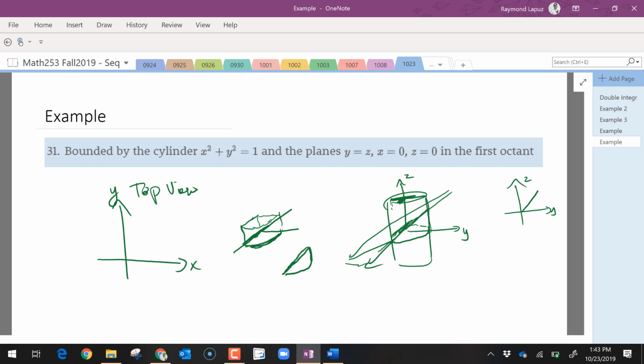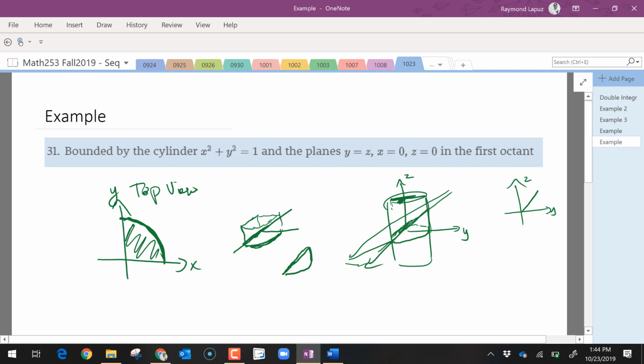So let's start with the region. Shaheen said it's almost a circle, except it's in the first octant, so things got cut out. If you look at this from the top, what are you seeing? I would be seeing a quarter of the circle because in the first octant everything else gets cut off.